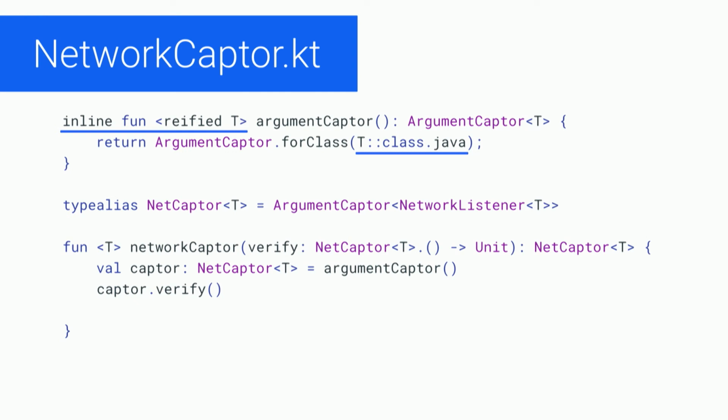Because of that, I'm able to use argument capture for class and then pass the class.java from the generic type. The other thing to note here is argument capture doesn't have the generic type specified because I've specified it on the value to the left.